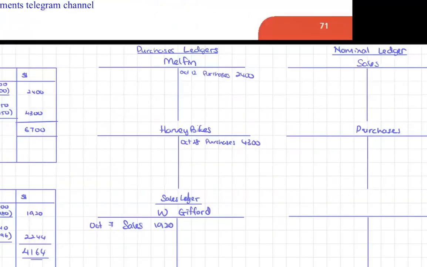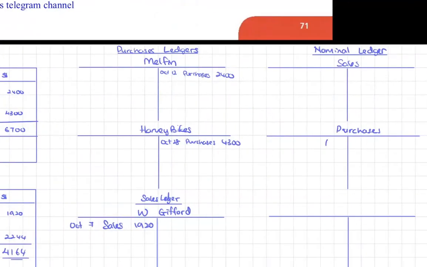So we're just going to put in the total purchases for the month, 6,700, debit purchases. Here we're just going to write October 31st total purchases for the month, or credit purchases if you can. Some books actually say a transfer from purchases journal, also possible.